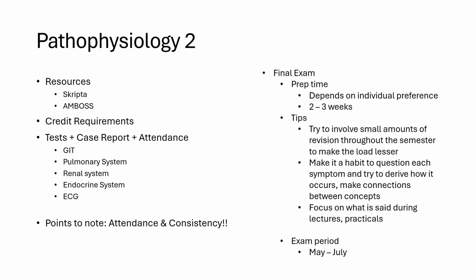Whenever you're studying something, and it references something from, let's say, CVS, you should go back and read up on that, maybe heart failure or an MI or something. And whenever a pathology is mentioned, try and derive how it occurred, how it's happening, and try and link it to other things, like I said earlier.